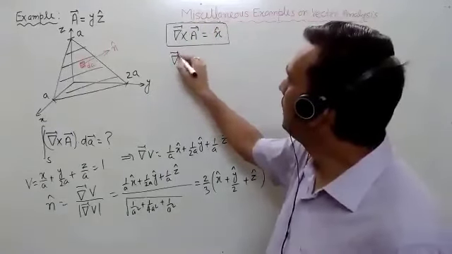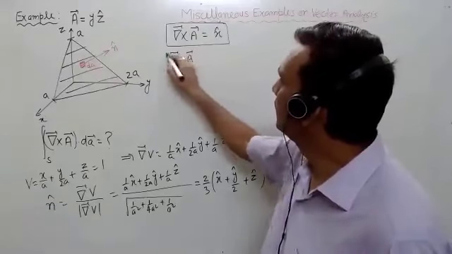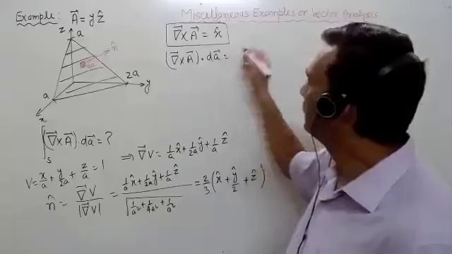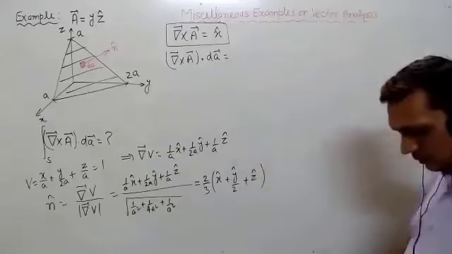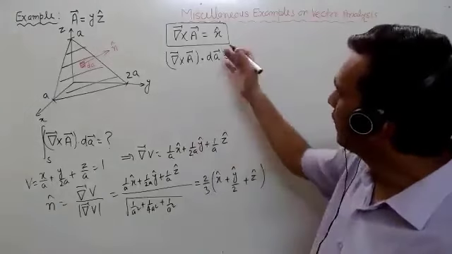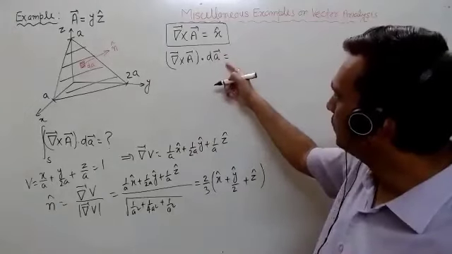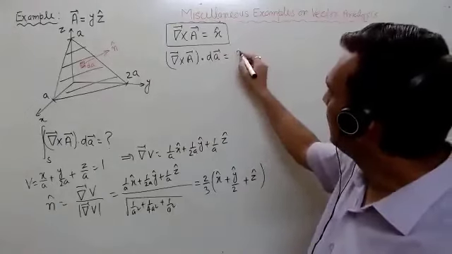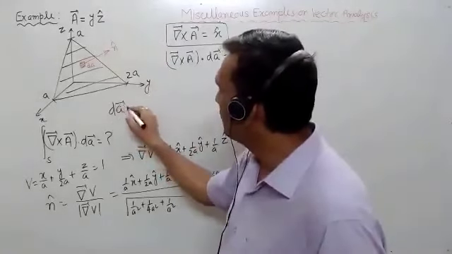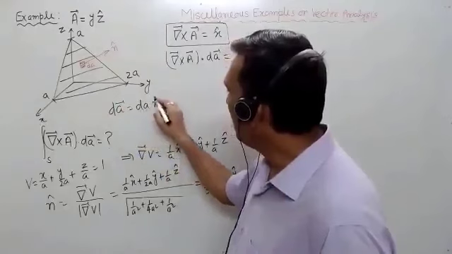So what will be del cross A dot dA? Del cross A dot dA will give you x cap dot dA n cap, because the dA vector is given by dA n cap.